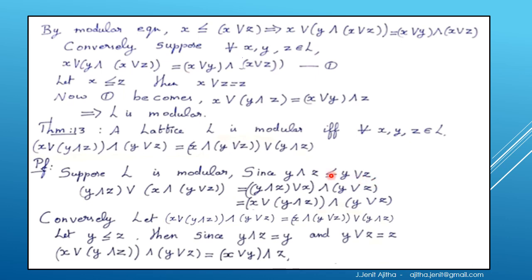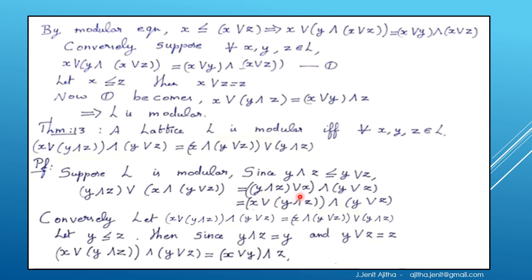And if you apply this, now the modular equation becomes (Y meet Z) join (X meet (Y join Z)) is equal to ((Y meet Z) join X) meet (Y join Z). And now apply the commutative property.